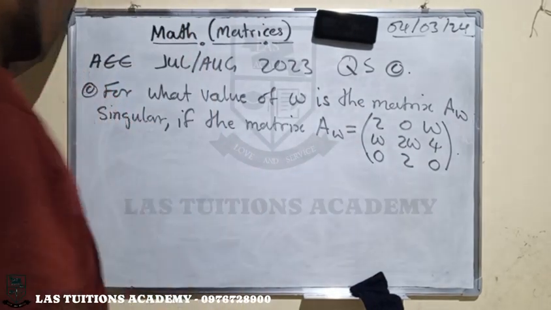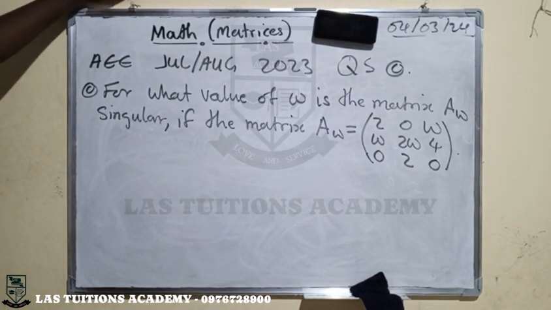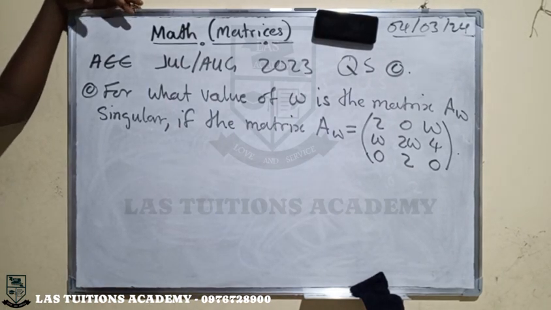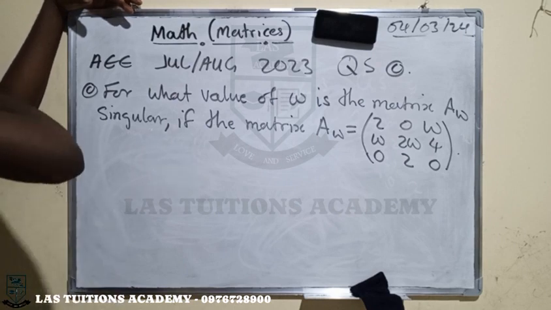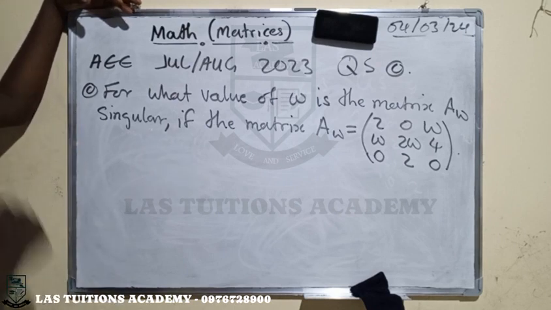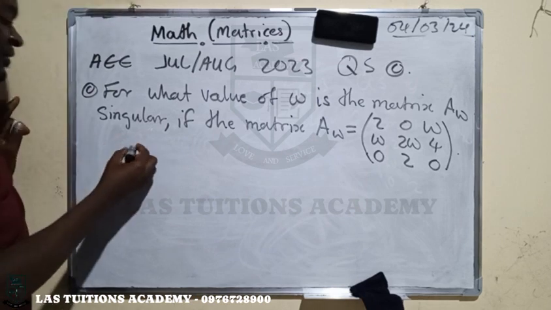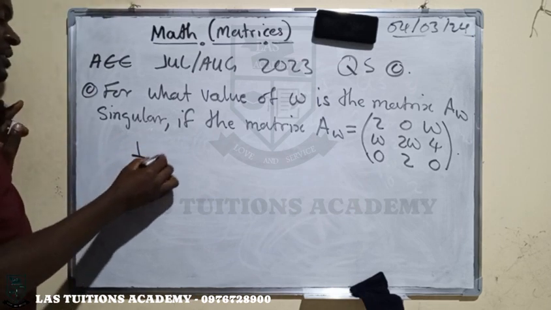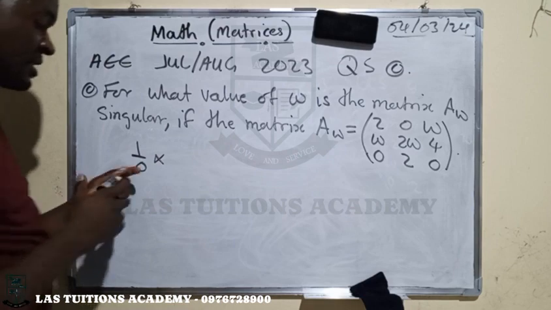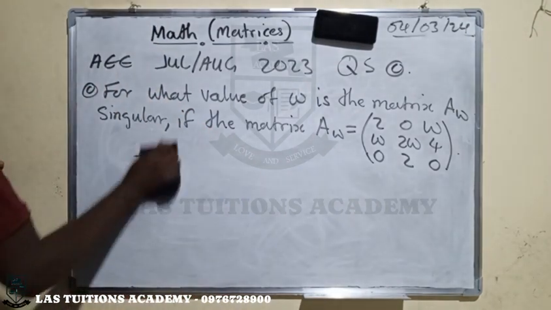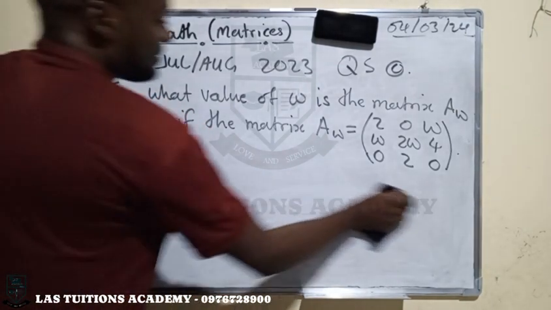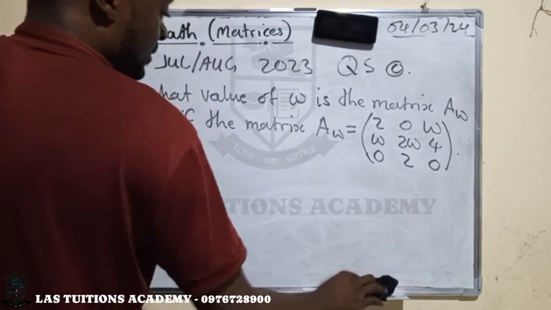Now, a singular matrix is a matrix that doesn't have an inverse. How doesn't it have an inverse? Because the determinant is 0. So as you are finding the inverse, when you say 1 over 0, this can't be done. So the determinant must be equal to 0 for the matrix to be singular.